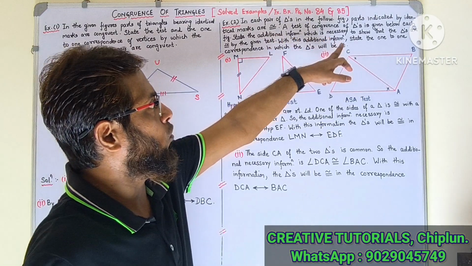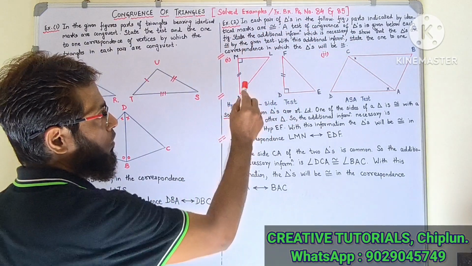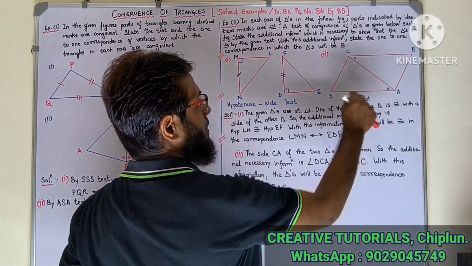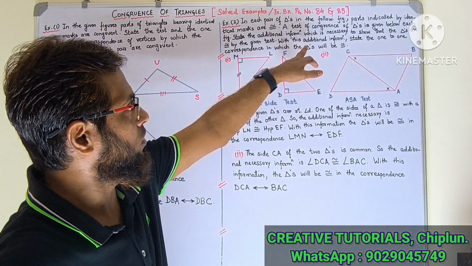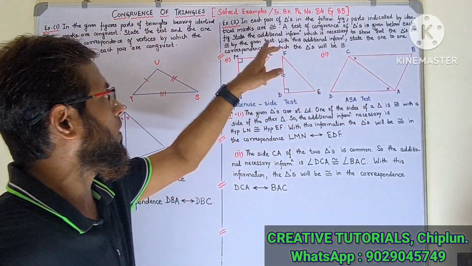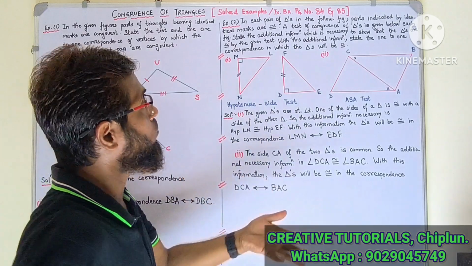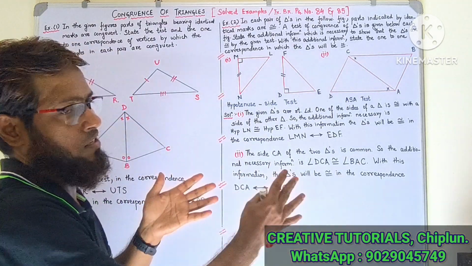Then a test of congruence of triangles is given below each figure. You can see below this figure, this test is given to you, and below this figure, this test is being given to you. State the additional information which is necessary to show that the triangles are congruent by the given test. So you have to show some additional information which is necessary to show that two triangles are congruent, right?